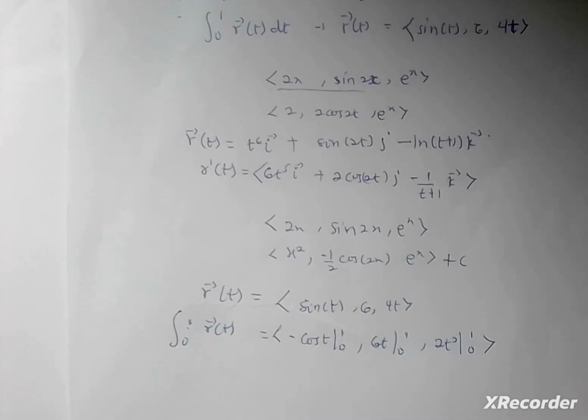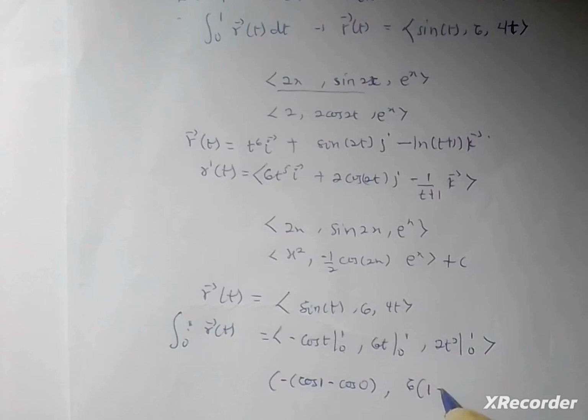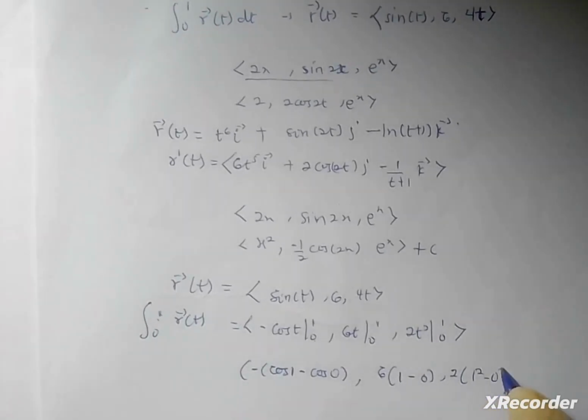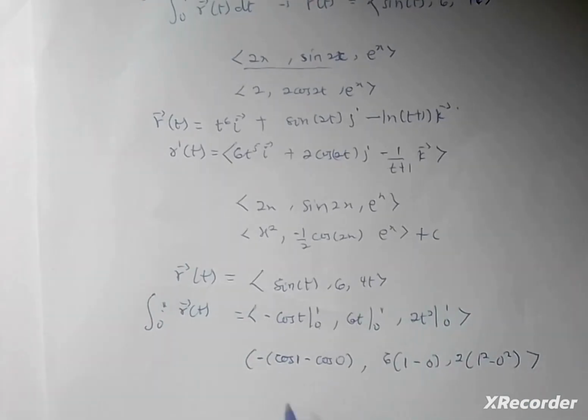So what is cos 1? Negative open brackets cos 1 minus cos 0. Then this part is going to give me 6 open brackets 1 minus 0, close, comma, 2 open brackets 1 squared minus 0 squared, close.